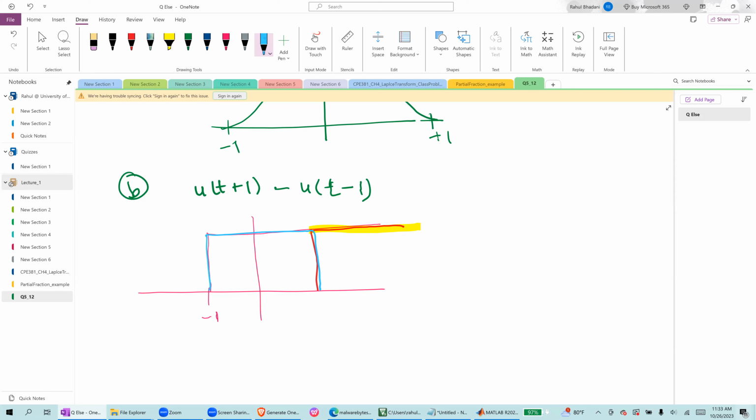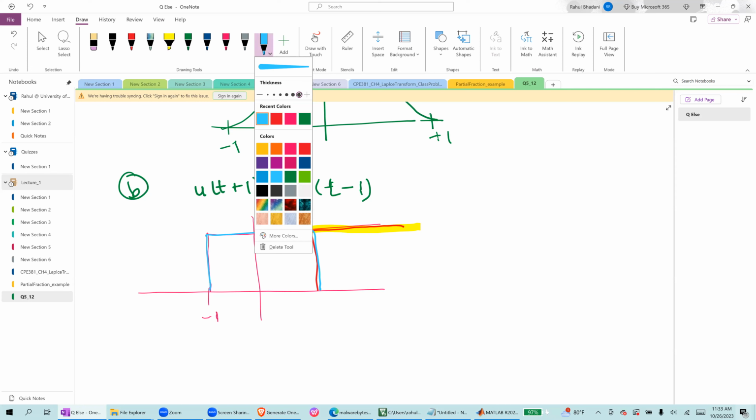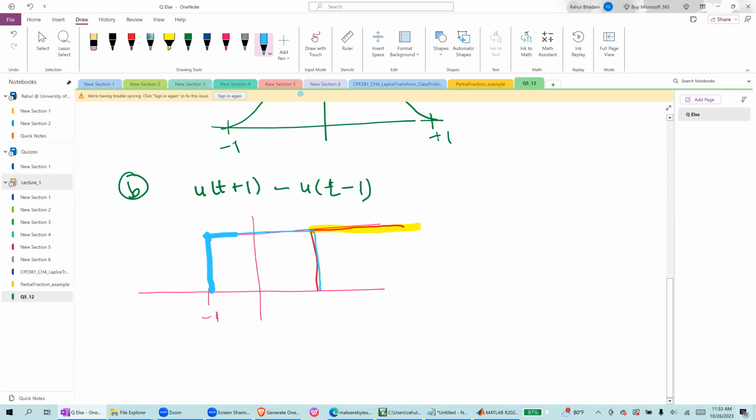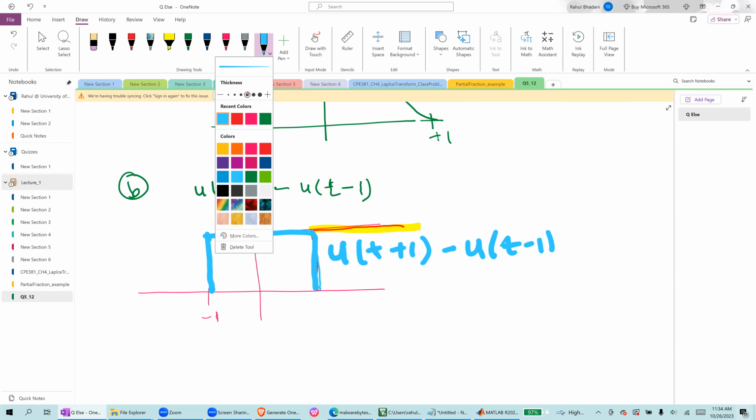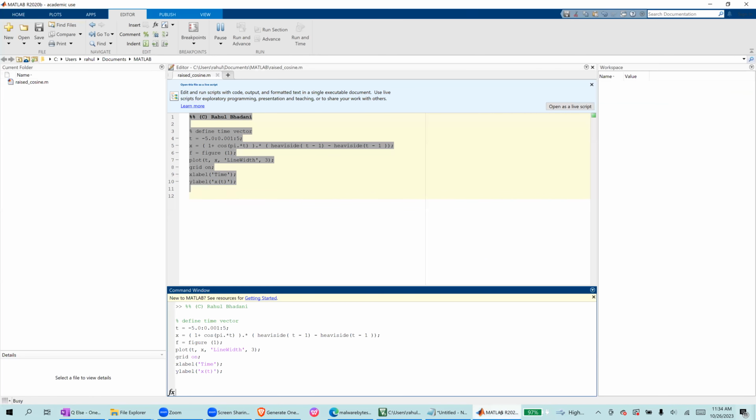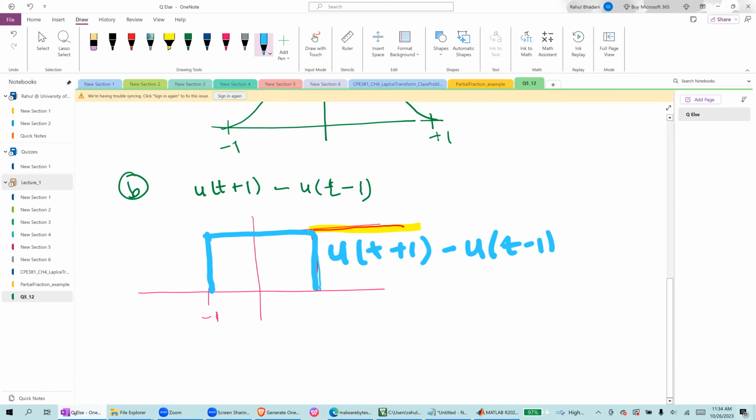This portion is u of t plus 1 minus u of t minus 1. That's what it will look like.